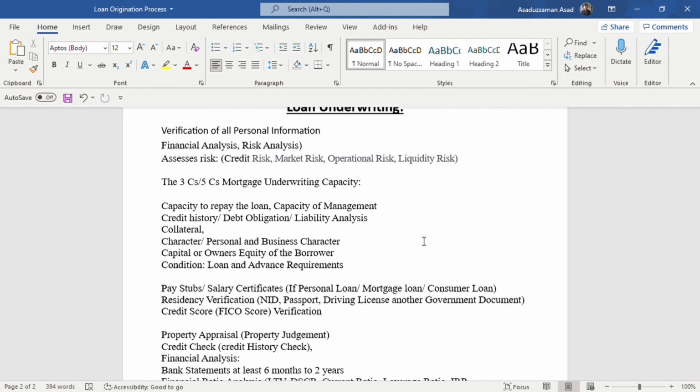How much the client or borrower gets as salary from his organization, the organization will provide a salary certificate or pay stubs, and this type of document will be analyzed by the underwriter.